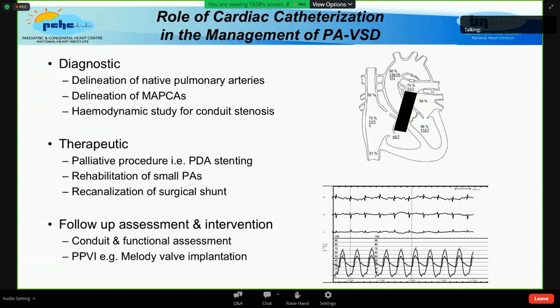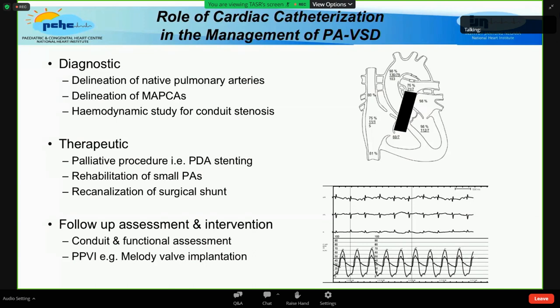The second aspect is the therapeutic, all right? Those patients that are suitable for PDA stenting, I think we discussed this at length this morning, as an initial palliation. Also rehabilitation. Once you embark on the PA-VSD program, especially those with unifocalizations, you have to do a lot of rehabilitation for these pulmonary arteries.